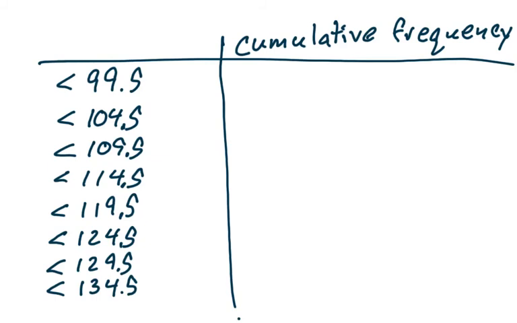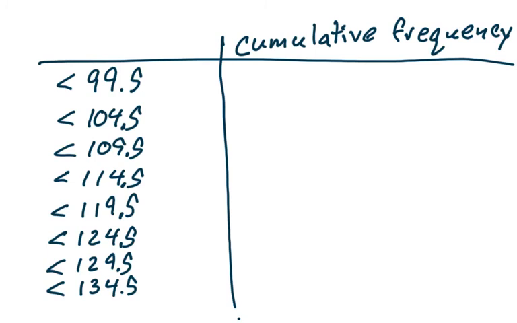All right. Next, the last thing that we're going to speak on in this section is what is called a cumulative frequency distribution. The cumulative frequency means the set of all data values that are less than a certain amount.